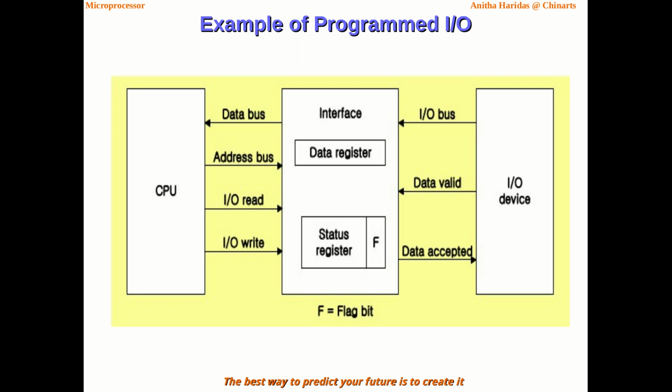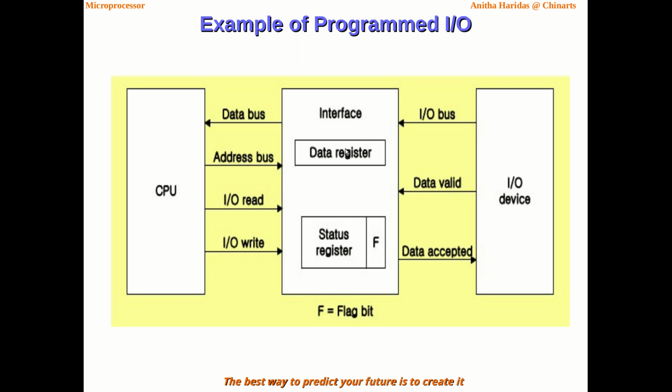How will you get the status of the device? Inside the interface unit, there is a status register which acts as a flag. Suppose, for example, you press a key. What happens now? When you press a key in the input device, the data goes into the data register, right?